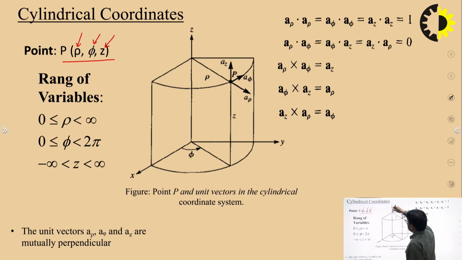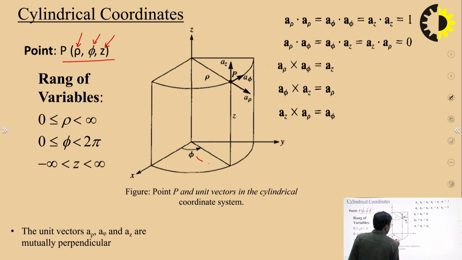So you can see this is a radius, if I say this is point P, and how it can be represented in the cylindrical coordinate system, because this is the radius of the cylinder, this is the height of the cylinder, and this is the angle from the x-axis, the location of P from the x-axis at angle phi.